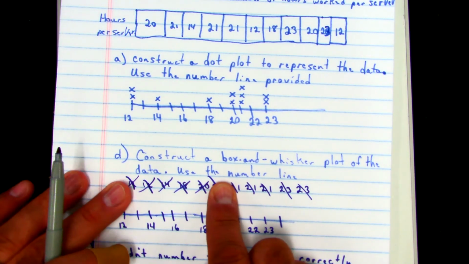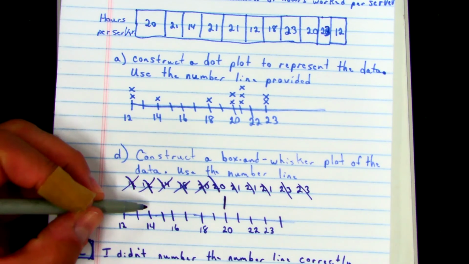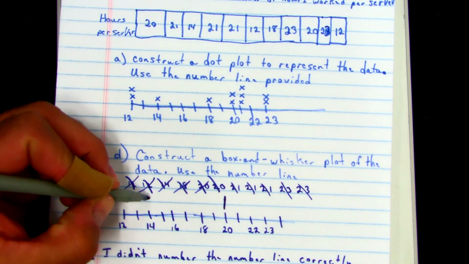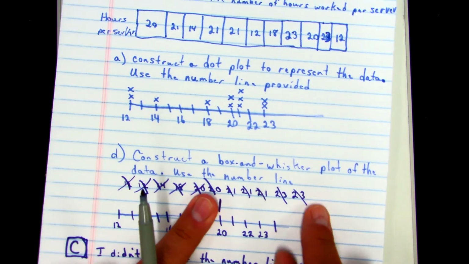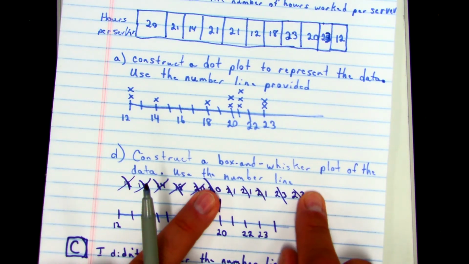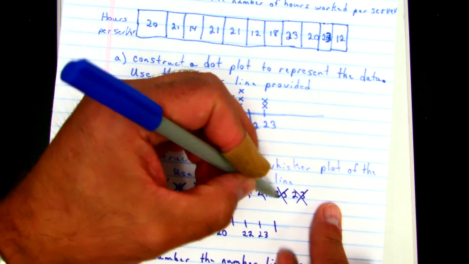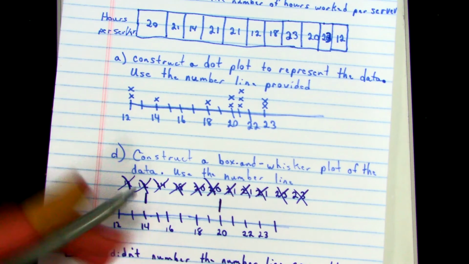So you start with the 20, and you move in, 1, 2, and then 14 is the middle number. All right, so you put your second line at 14 because that's half of that part. Then I move over here and I go to the middle number here. So I go this way, this way, this way, and the middle number is 21.